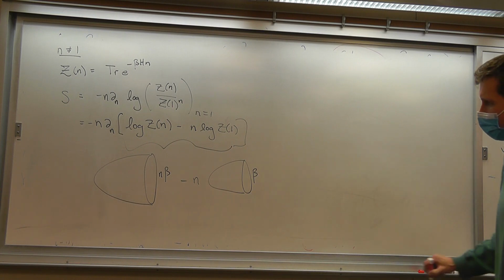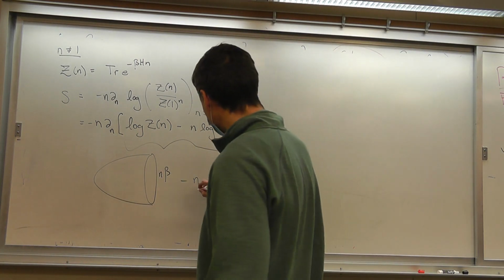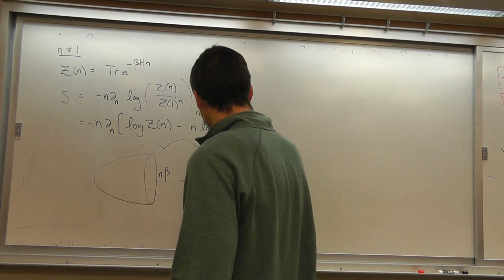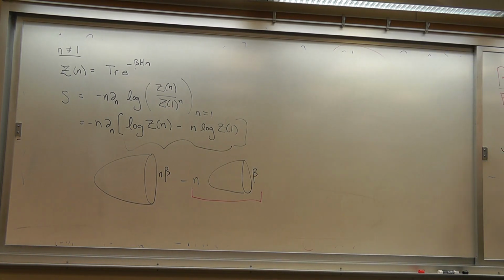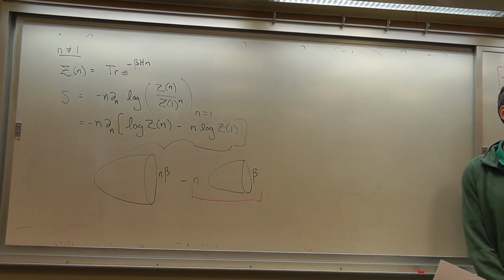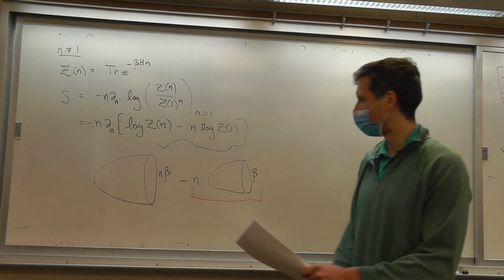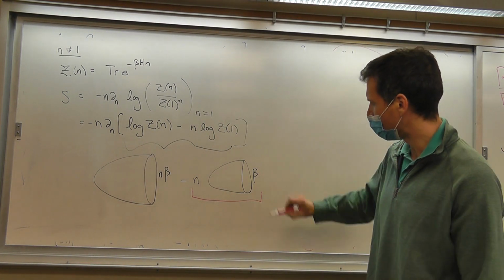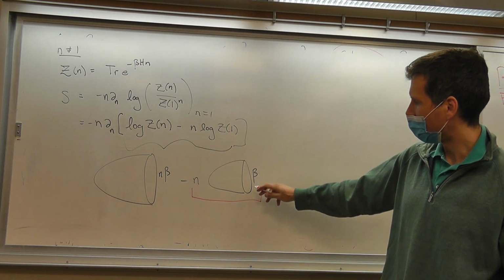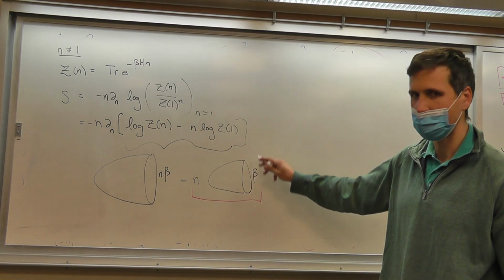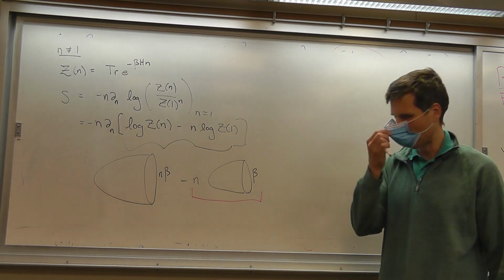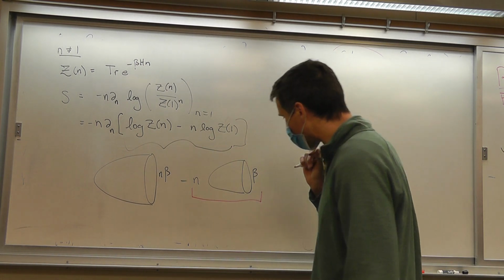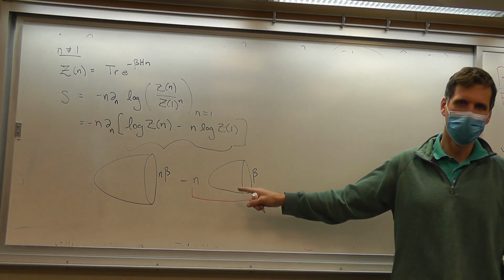This second term, I'm going to think of in a funny way. Okay? So instead of thinking of this as n times the action, I'm just going to take this thermal circle here, and I'm going to multiply it by n, but I'm going to do it without changing the metric.